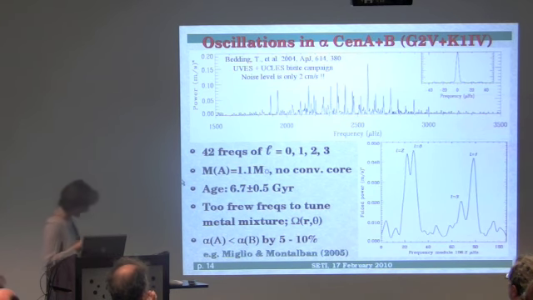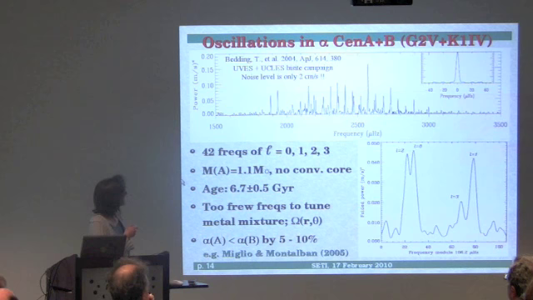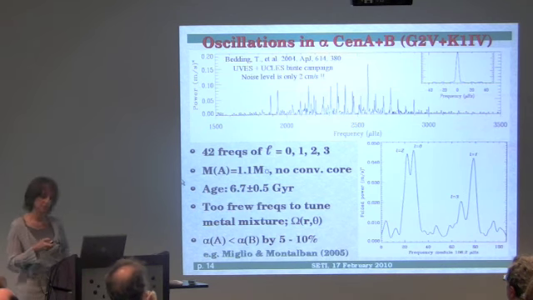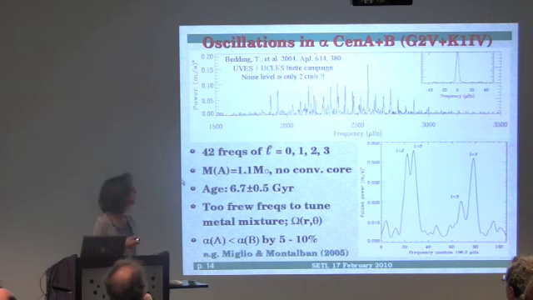UVES is a spectrograph mounted on the 8-meter VLT in the Atacama Desert of the European Southern Observatory. UCLES is a spectrograph in Australia. So these two sites have been measuring Alpha Cen, which is a star which is very bright, just as a test case to see what we can do from the ground.